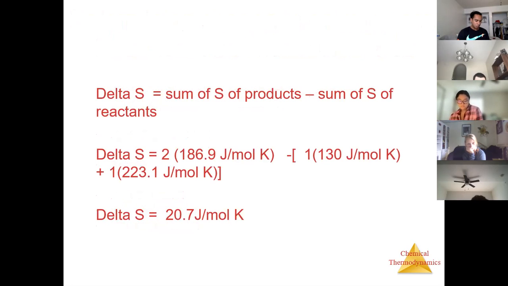The 186.9 is my HCl entropy. I multiply it by 2 because the coefficient in front of HCl is 2. From that, I subtract my entropy of H2 multiplied by 1, plus my entropy of Cl2 multiplied by 1. I add all this up and I get a positive 20.7.